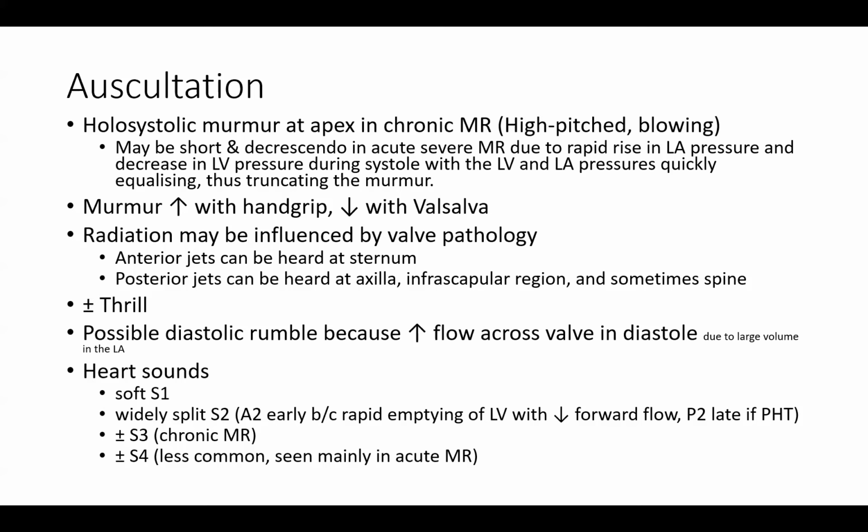So because there's little blood going through, it could close earlier than the pulmonary, and we could have a loud P2. Of course, in chronic MR, an S3 is common, but less commonly we could find a fourth heart sound, especially in acute MR.